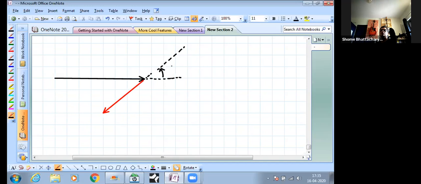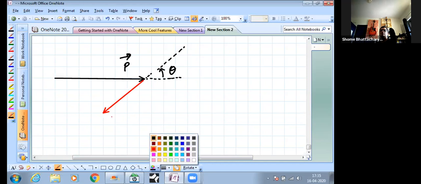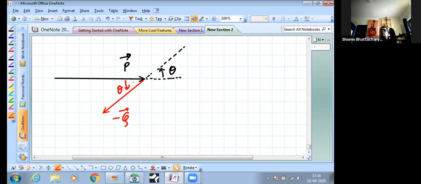So this was our vector p, this was the direction of q, and the direction of minus q is opposite to that, 180 degrees to that. So this is where my vector minus q is lying. And that is why that vector is at such a place that this angle is theta, because this angle and this angle you can see are opposite angles.